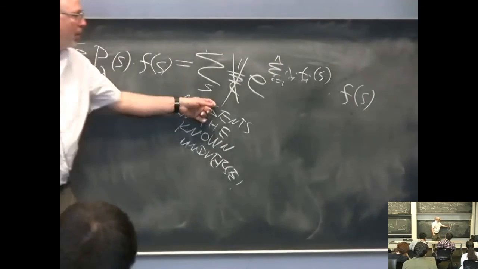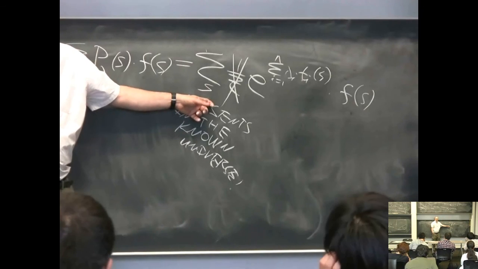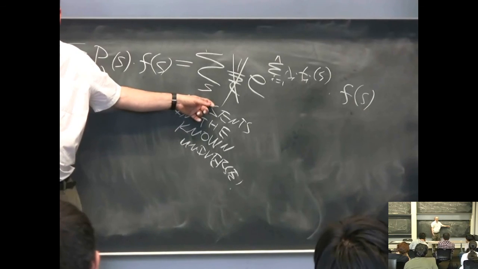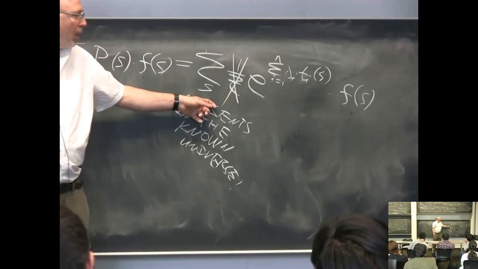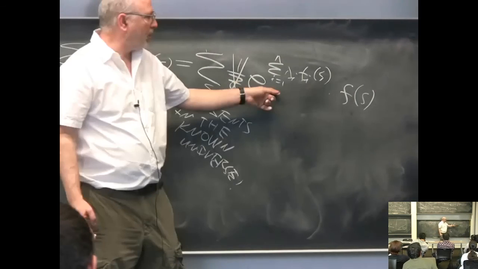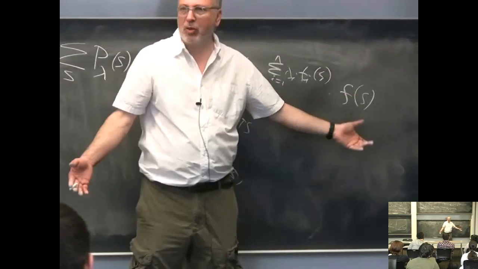So I need to somehow go over all the sentences in the universe, of which there are a gazillion to the power of gazillion, calculate this value, multiply them together and add them together. How am I going to do that?